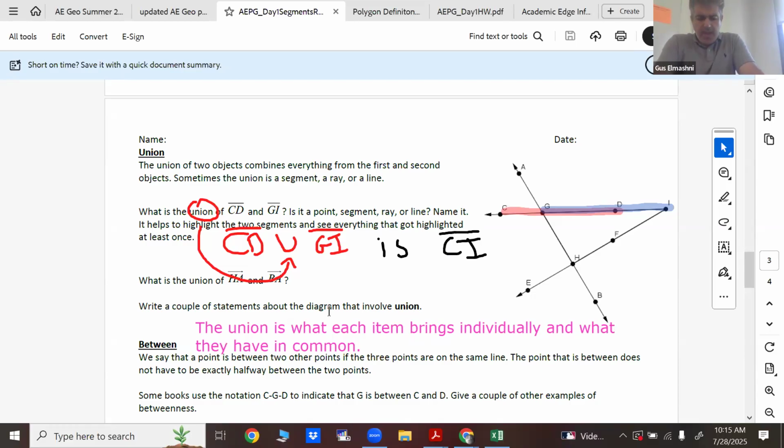Also, let's look at ray HA and ray BA. So let me erase that. Let's go highlighter again. Ray HA goes on forever, by the way. So what did they have in common?